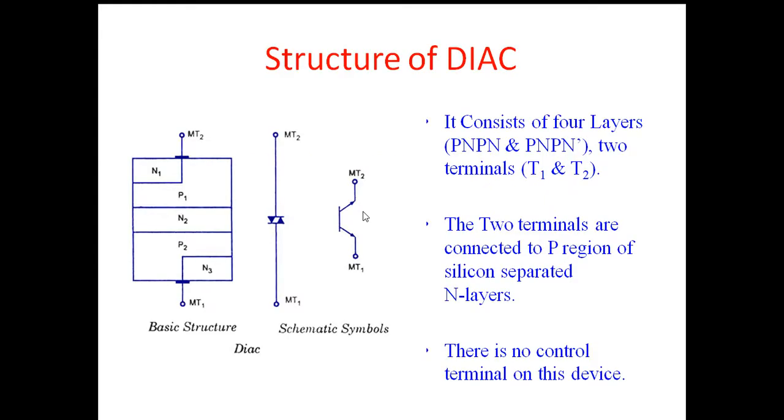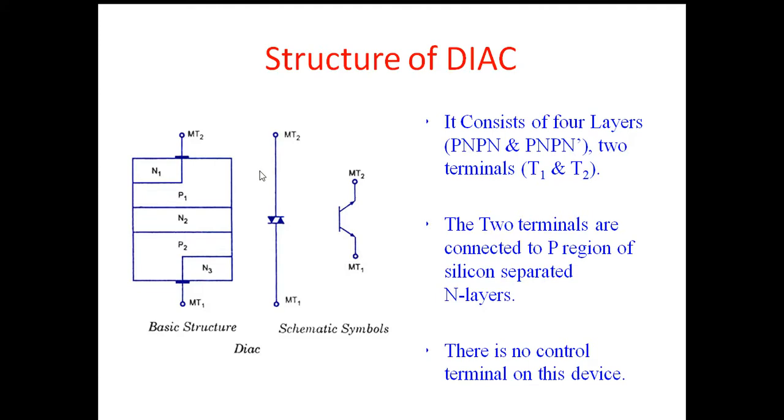So this is the structure of the diac. The basic layer structure is like this, and it consists of two terminals, MT2 and MT1. There are four layers, PN, PN, and these terminals are fixed to both the p-type layer and n-type layer regions.